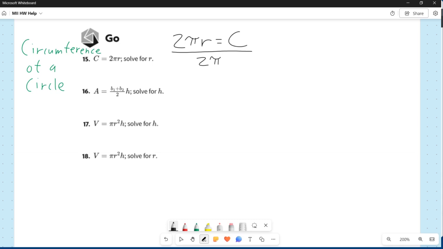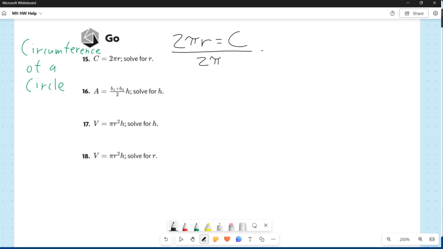There's really no reason to do that. In this context, you might as well do it in one step and get rid of both the 2 and the pi. We can do that because it's the same operation: 2 times pi times r. It's all multiplication, so we can undo all of that multiplication with a single division by 2 pi.